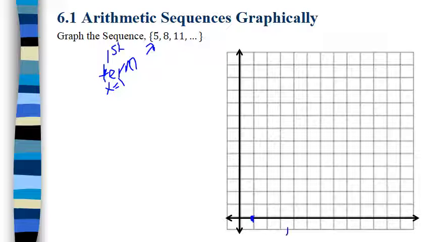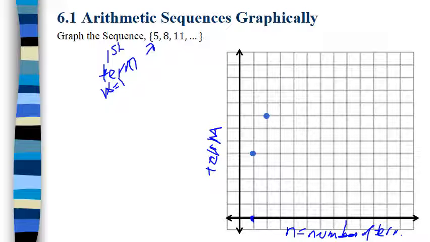So if this is n, which remember is the number of terms, so the term number, right? If this is n equals 1, then I'm at 5. So this would be the value, the term itself. That says term. There we go.